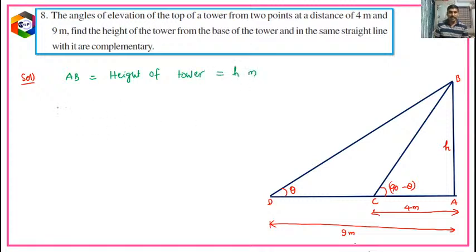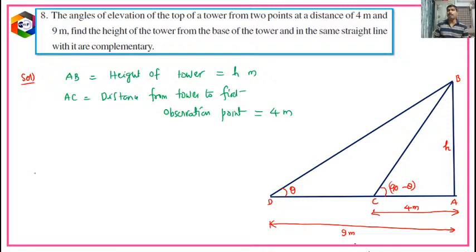Next, AC is equal to the distance from the tower to the first observation point. What is the distance? It is clearly given as 4 meters.